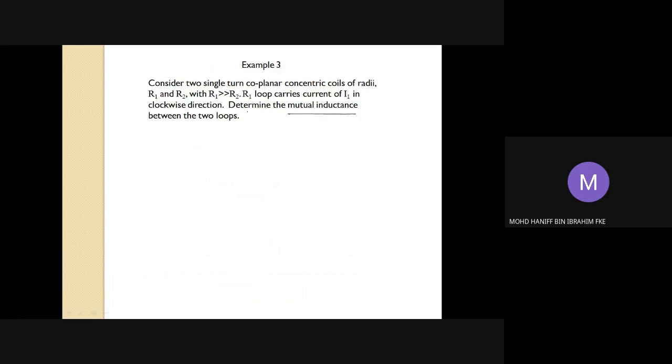Okay, so let us sketch this diagram. We have two single-turn coplanar concentric coils of radius R1 and R2. Let's have this first one, then the second one here. Given in the question, this should be R2 and that should be R1, and R1 is much bigger than R2.